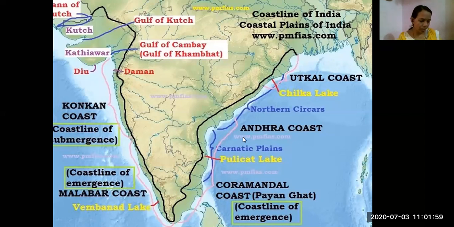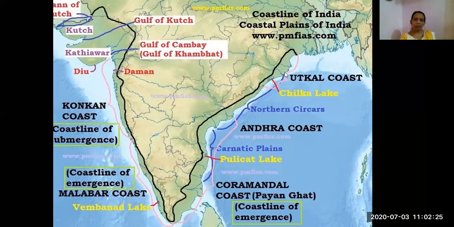Large rivers such as the Mahanadi, the Godavari, the Krishna and the Kaveri have formed extensive deltas on this plain. The rivers which flow from the Peninsular Plateau, from the Deccan Plateau, the Mahanadi, Godavari, Krishna and Kaveri, formed the deltas here toward the eastern plains.